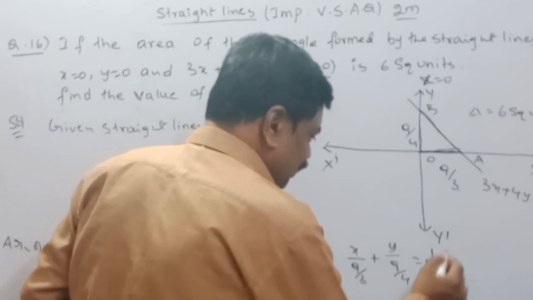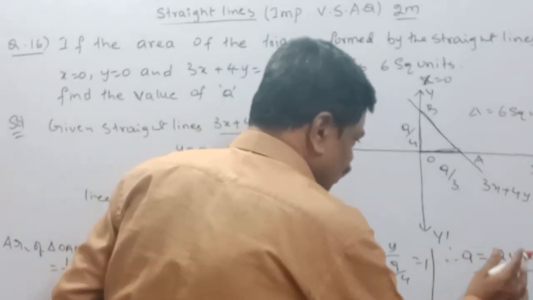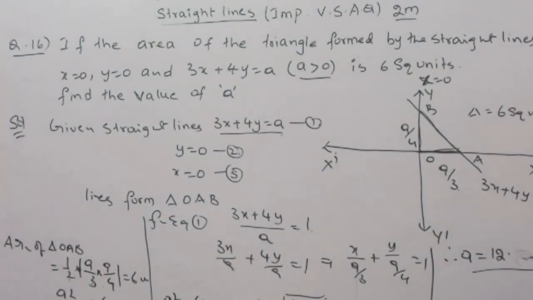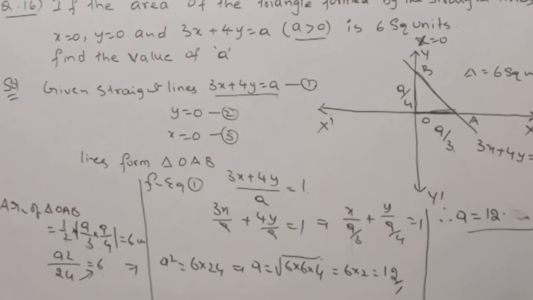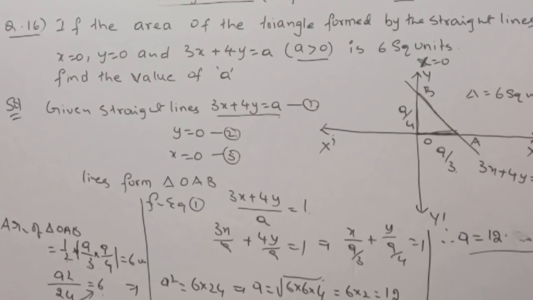Therefore, the a value is 12 units. The a value, which is greater than 0, is 12. Okay, all of you.